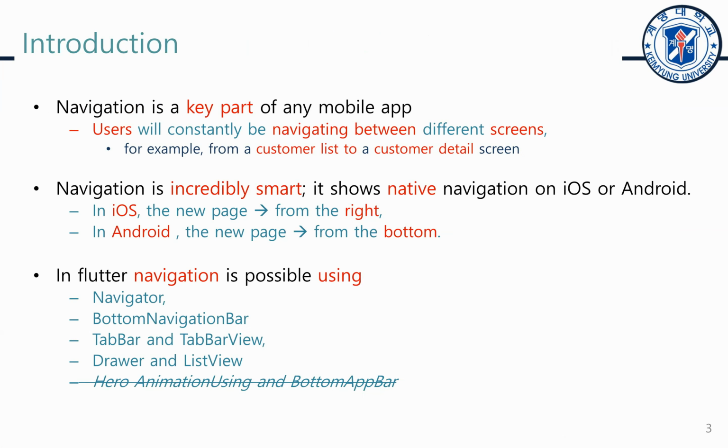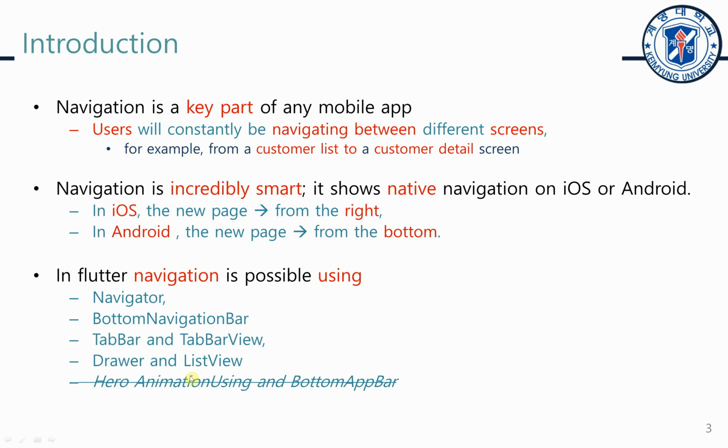So when we first start our class, we say we're going to discuss about the navigator, bottom navigation bar, tab bar view, and tab bar, and we see actually the navigation bar is similar to tab bar, so we actually didn't discuss this, I think, because it is related to one another. And then we saw the drawer and list view.